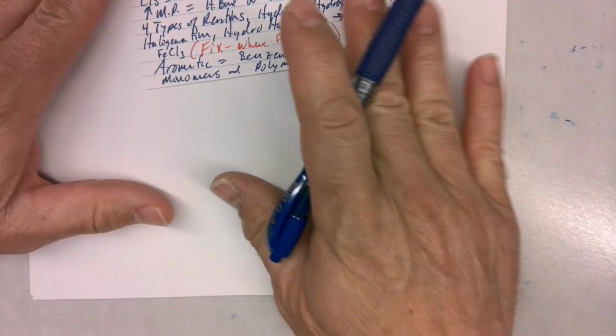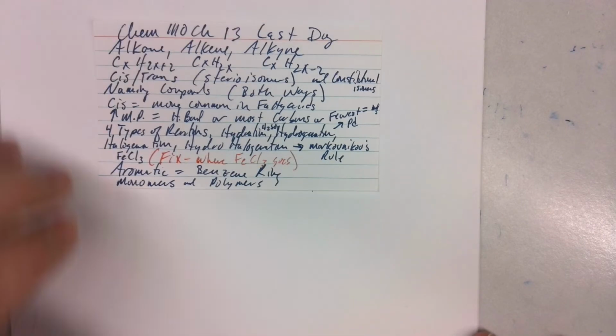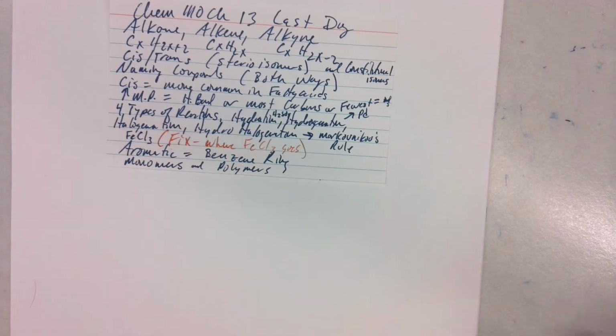One thing I do need to clarify from the other day was when I showed you this, okay? So right down here, when we talked about this, there's two different places they talk about Cl2, and there's two different applications.